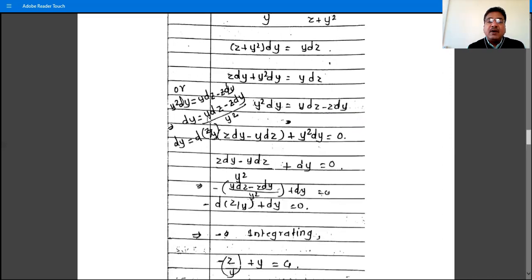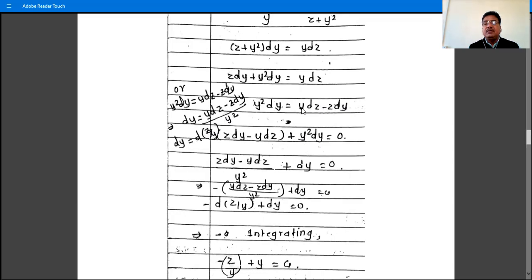The derivative of (y dz minus z dy) divided by y square is the derivative of z by y, or if there is the factor (z dy minus y dz) divided by z square, it is the derivative of y by z. So the derivative of z by y or y by z. So adjust the derivative if there is a minus sign at this place. If y dz plus z dy is the factor, then it is the derivative of y into z.